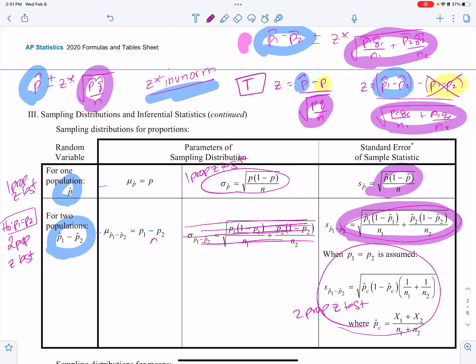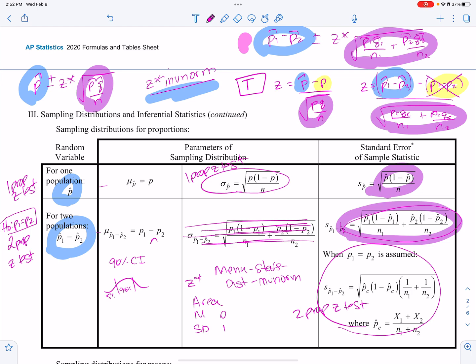Okay, so just to review really fast for Z star. For Z star, you go to menu, stats, distribution, inverse norm, and you end up having area, mean, and standard deviation. Mean and standard deviation are already 0 and 1 in there, and it stays 0 and 1, but your area is going to be, let's say I want a 90% confidence interval.